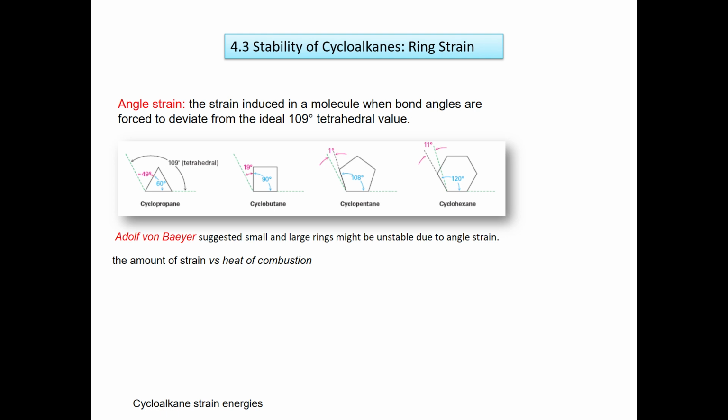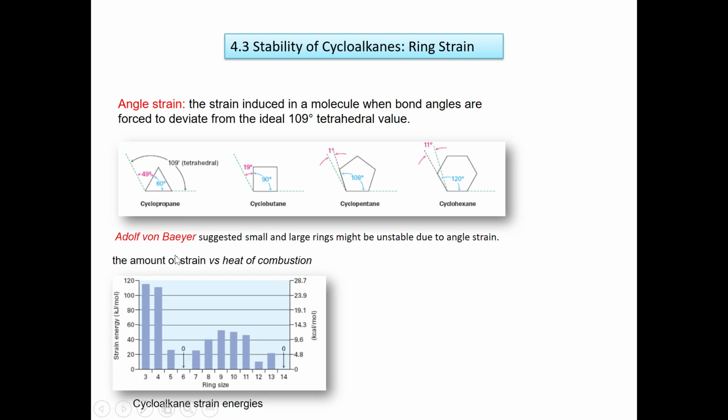It would like to have 109 and not 60. This can be found in the amount of strain versus the heat of combustion. You can see here that 3- and 4-membered rings have a heat of combustion higher than 5, higher than 6, higher than 7, and then it increases again until 10. After 10, the rings are so big that we cannot consider them planar, and then we have different conformations and they can adjust the angle properly.